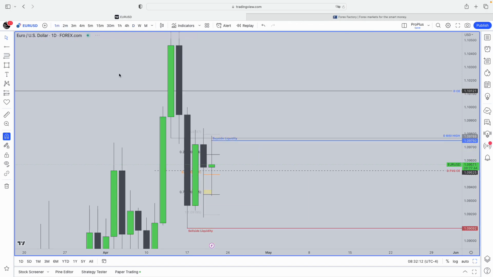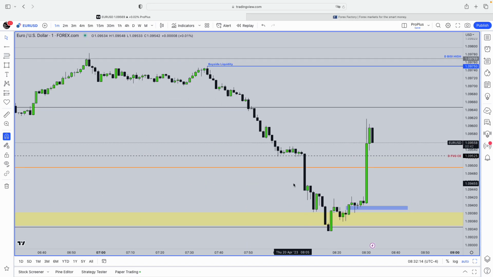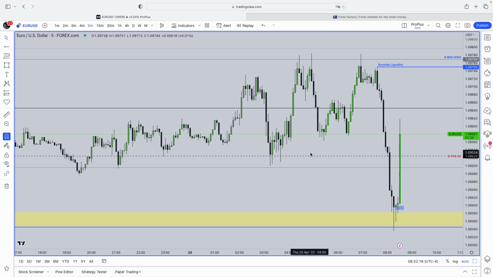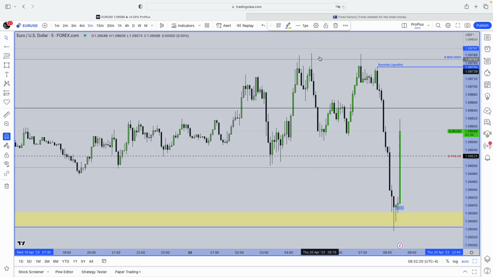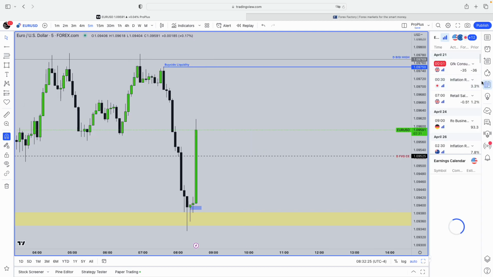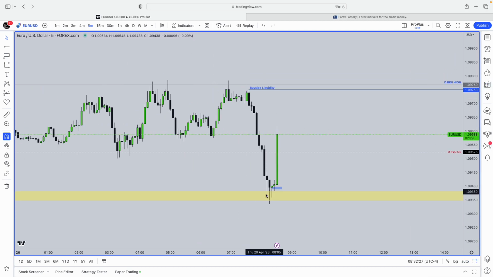That'd be fine. So, on 5 minutes, delete that. Make it a bit neater. If we find an equilibrium from this push lower, it'd be this fair value gap here.